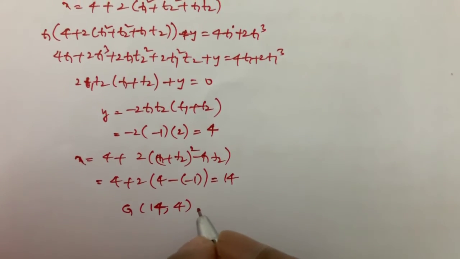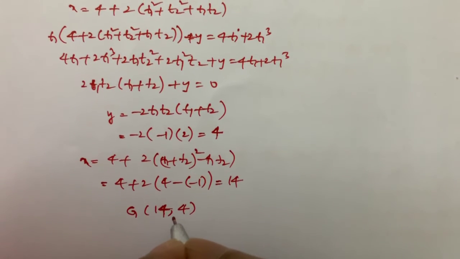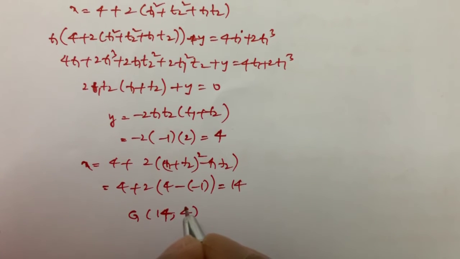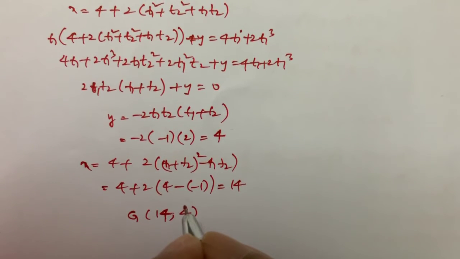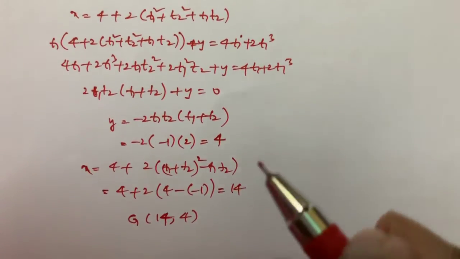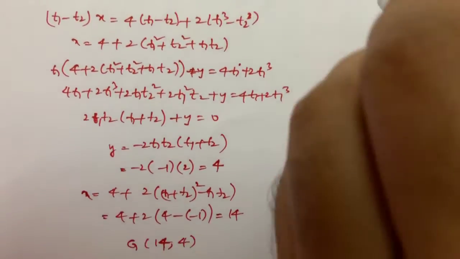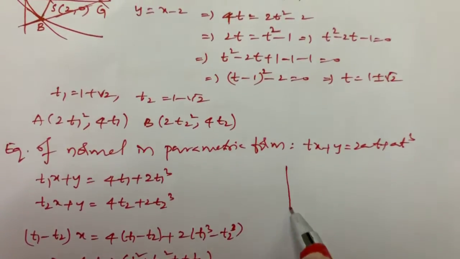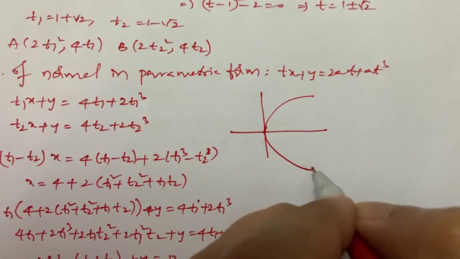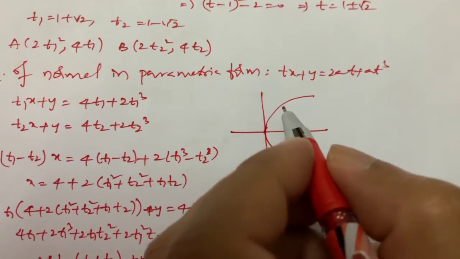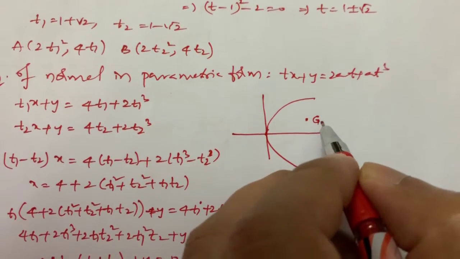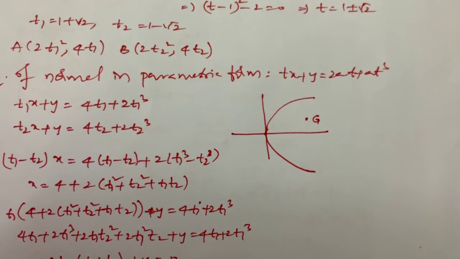Now at this point what we are doing is we'll draw a line such that it is perpendicular to the parabola. If I draw a tangent at some point C, then CG is the normal. So now we have a point G, somewhere here, 14 comma 4.